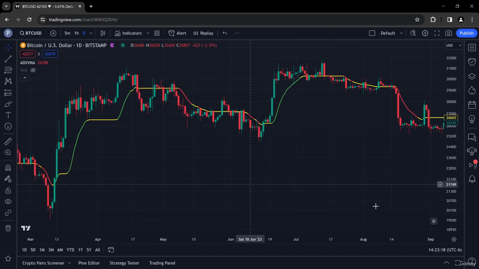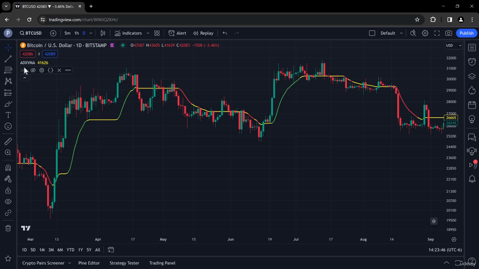The second indicator in ADX VMA is ADX, Average Directional Index indicator, that measures the strength of a trend. ADX value ranges from 0 to 100. It is usually considered that when ADX is bigger than 25, the market is trending. When ADX is less than 20, it is a sideways market.